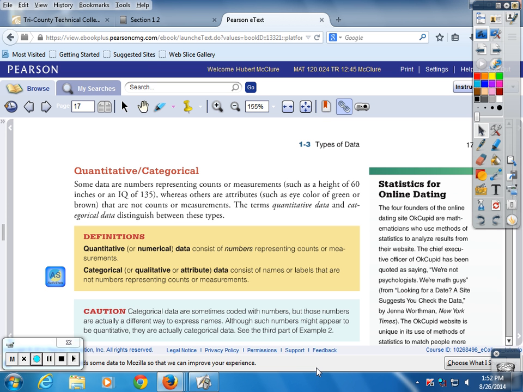And quantitative data means that I'm measuring you somehow. The average shoe size of the class would be quantitative. The color of your shoes would be qualitative. Got it? That's a test question. You need to highlight that because you're going to see that.